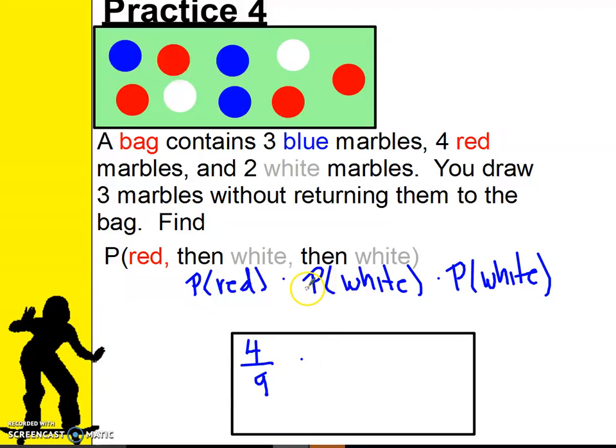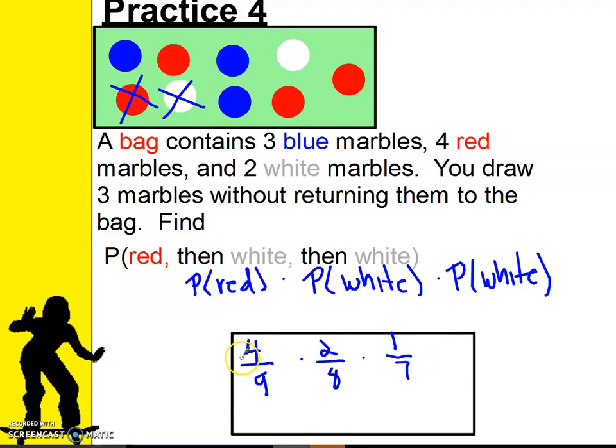Okay, probability of white. There are 2 out of 1, 2, 3, 4, 5, 6, 7, 8. Now, the probability of white is 1 out of 1, 2, 3, 4, 5, 6, 7.